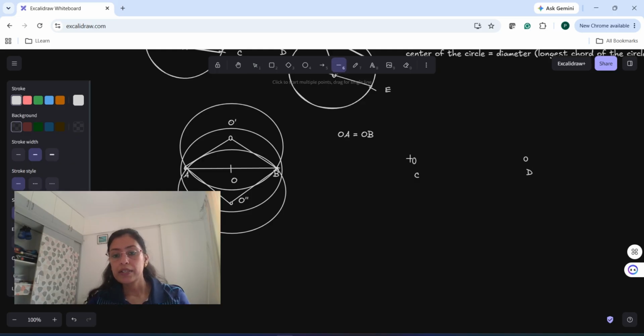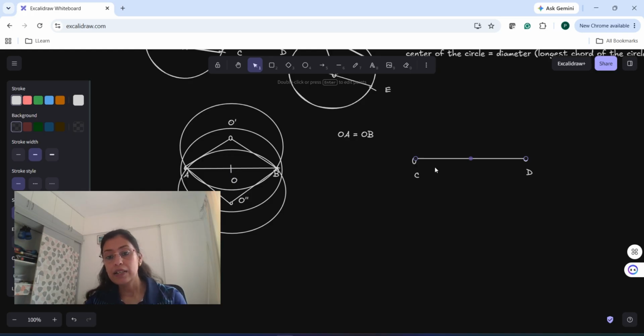What I'll do is join this point C and D, just like I had done for A and B. When I found this point O, I joined AB and found the middle point, and I could very easily use that as the center of my circle and make the first circle.